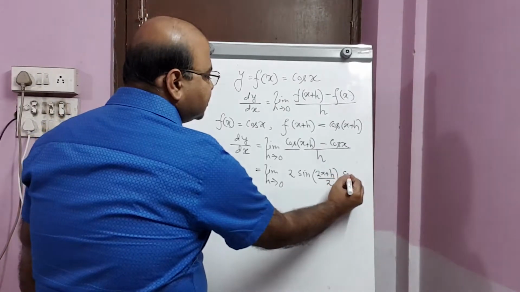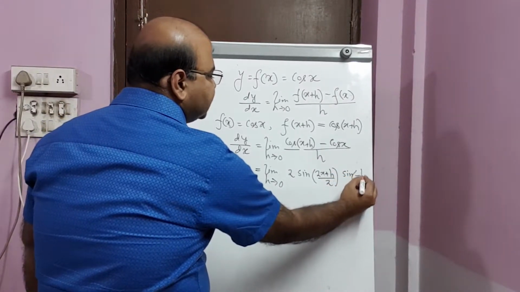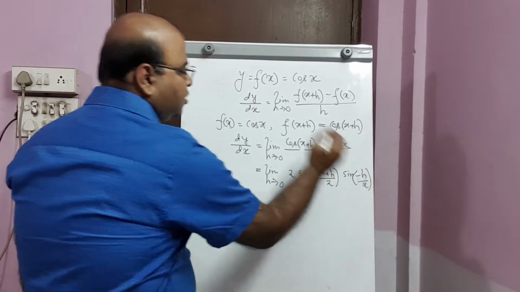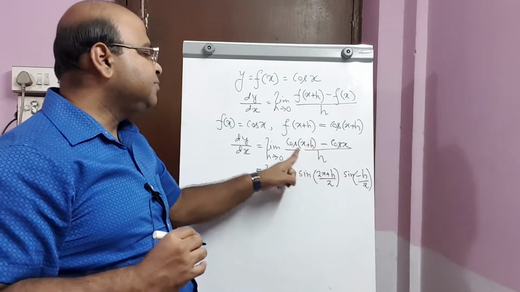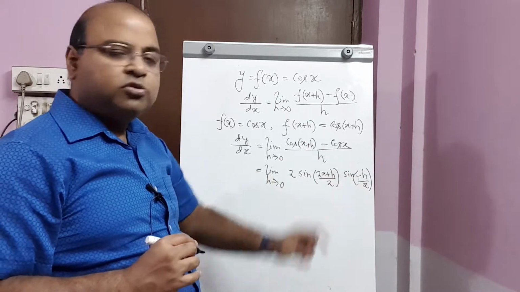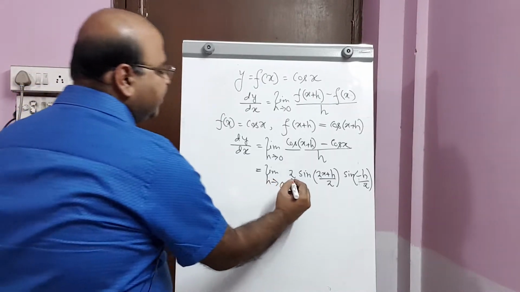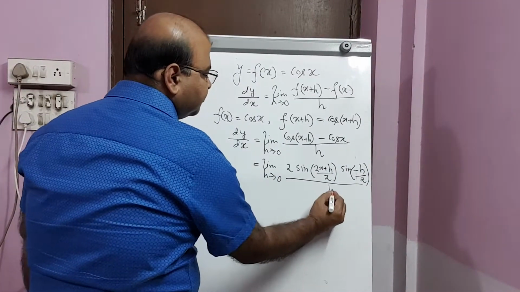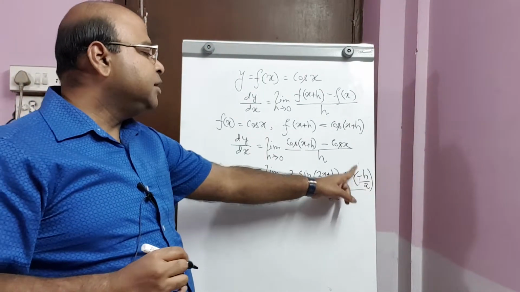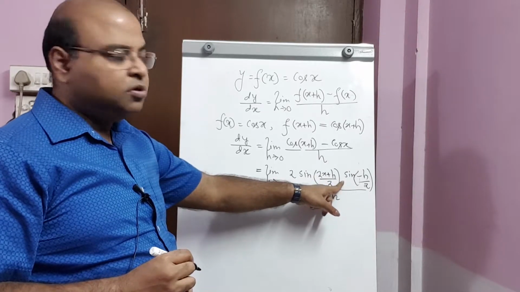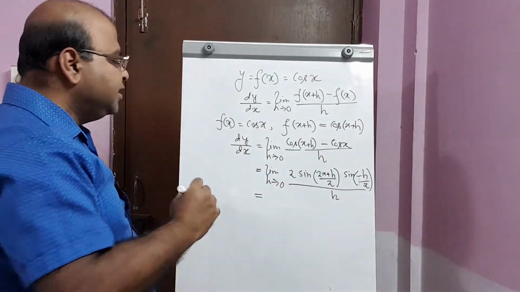So this will give us sine of minus h upon 2. If we apply second minus first, so x minus the entire x plus h, which is minus h upon 2, whole divided by h. So this minus sign now comes out of the sine ratio. So we can take the minus sign outside the limit.